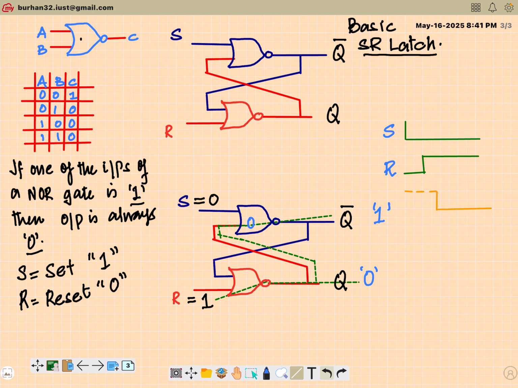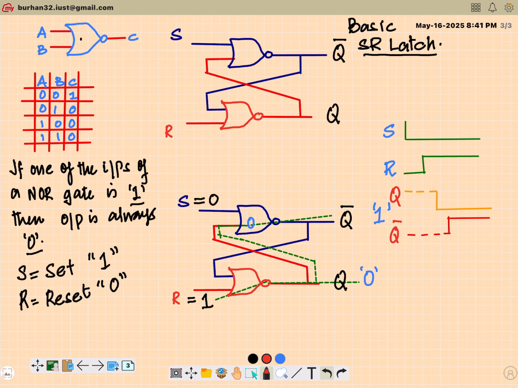and this Q will later on, as it goes to the upper NOR gate, trigger the output of the upper NOR gate, which means after some time Q bar will change to 1. Timing is very important here. Fine. First R goes to 1, then there is some delay, this much of delay. So first Q goes to 0 based on the behavior of the NOR gate. That Q output is being fed to the upper NOR gate, so Q bar will go to 1.